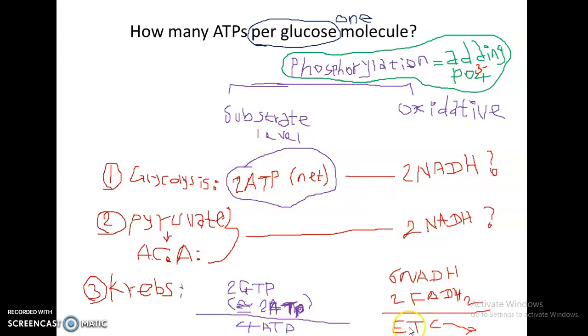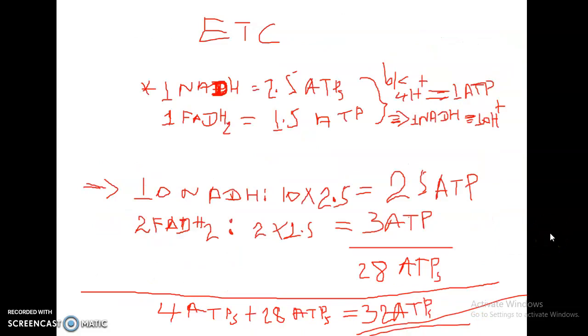Then the oxidative phosphorylation will take place in the electron transport chain. ETC means electron transport chain. We know that one NADH will make 2.5 ATP and one FADH2 1.5 ATP. We have discussed the reason: 4 hydrogen ions make 1 ATP and 1 NADH pumps 10 hydrogen ions.